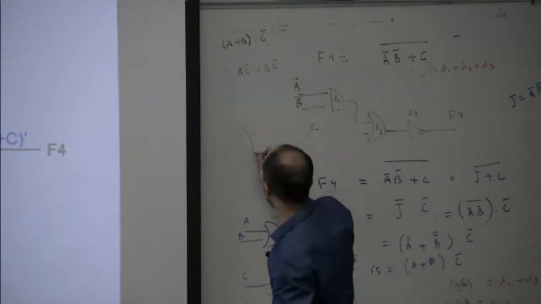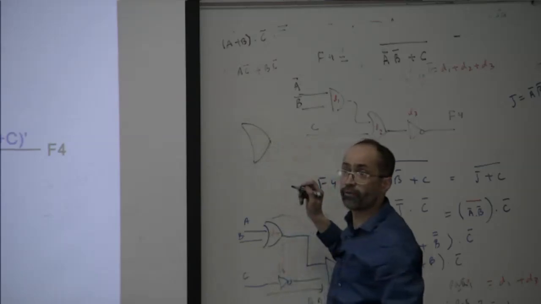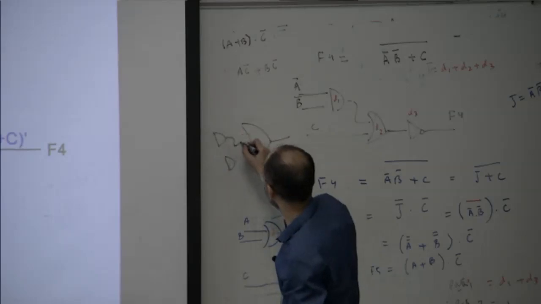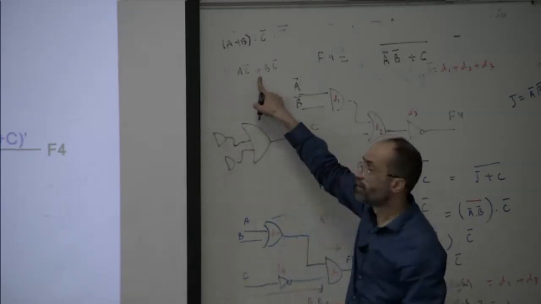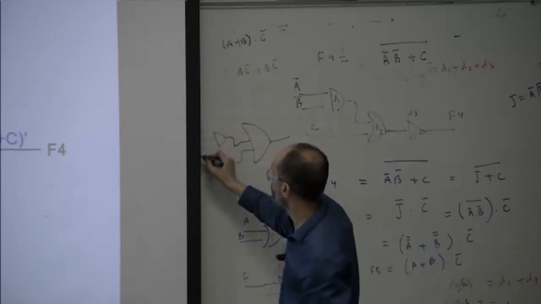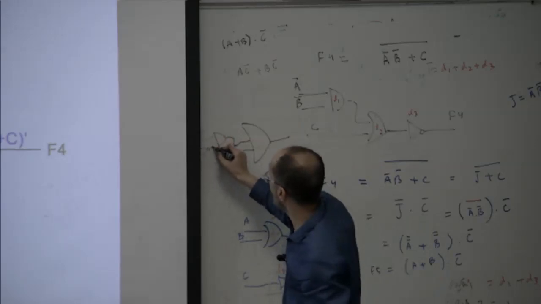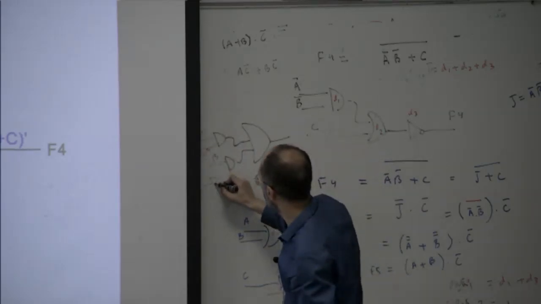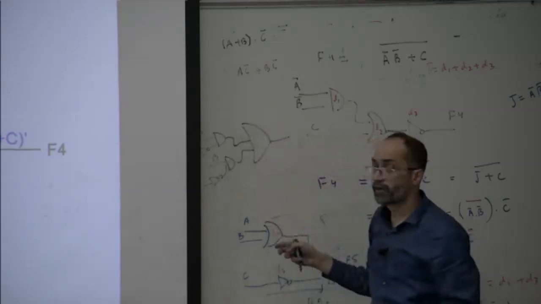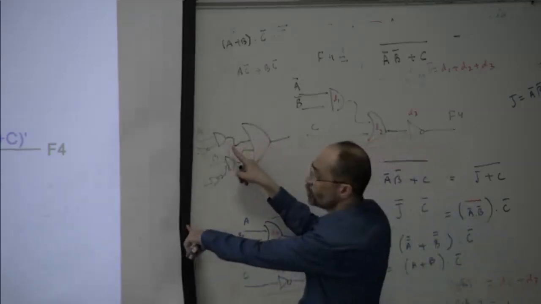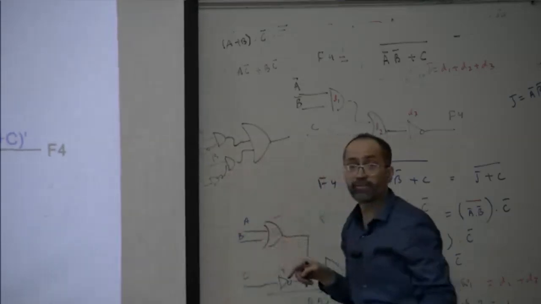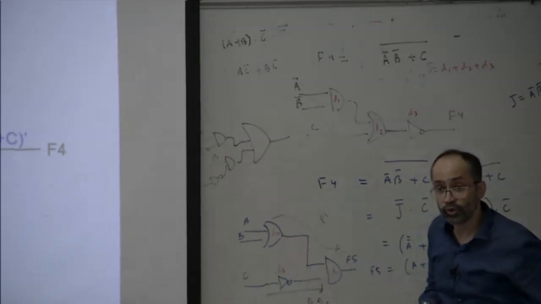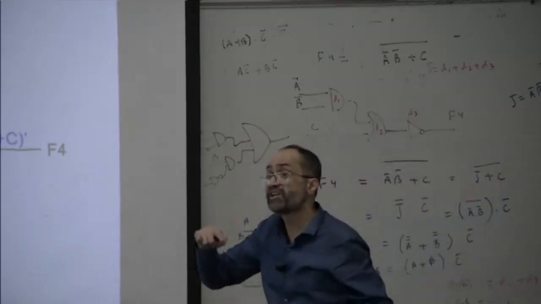So we need an OR gate, then we need 2 AND gates because we have plus. We need A C bar, and then B C bar. How many gates are required? 1, 2, 3, 4, and 5. Which implementation is better, 1, 2, or 3? 2 is better.